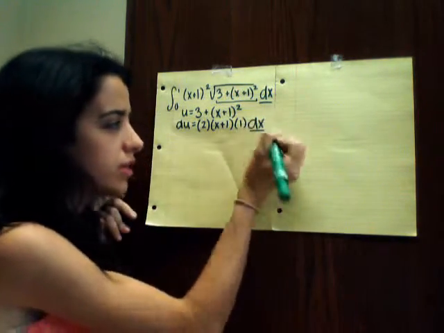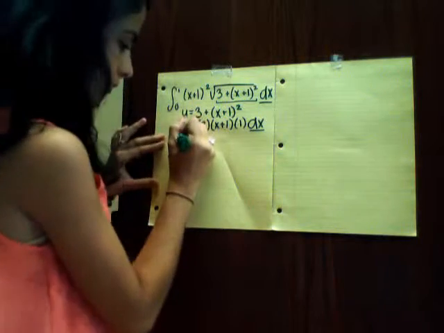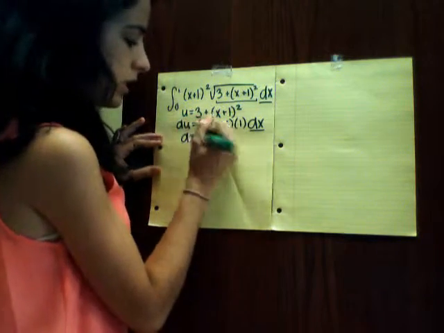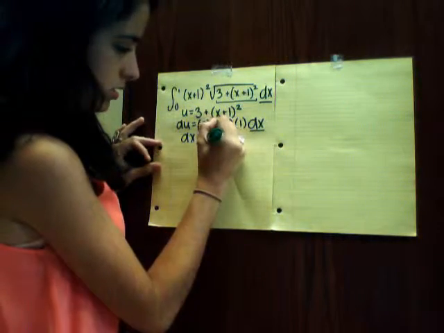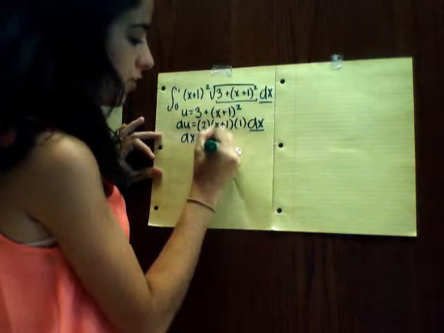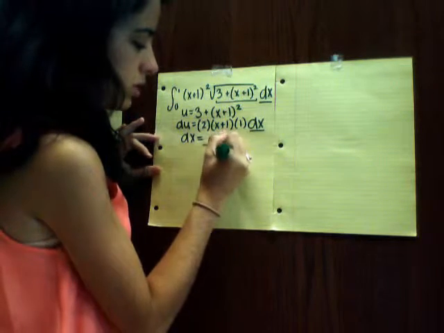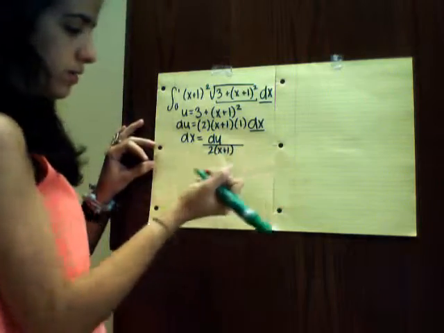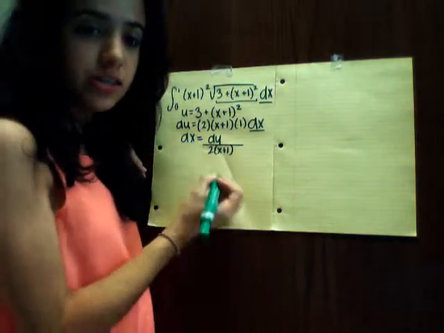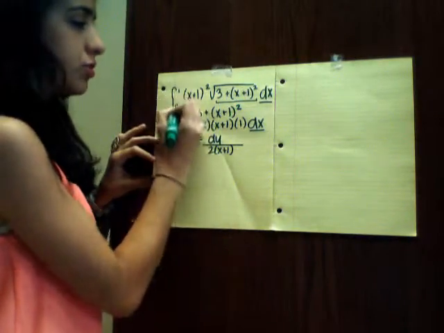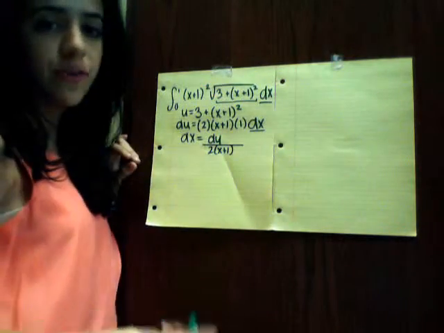When we solve for dx, we're left with dx equals du over 2(x plus 1). And now we need to insert these values back into the original equation in order to find its integral.